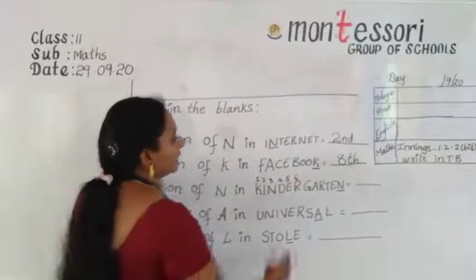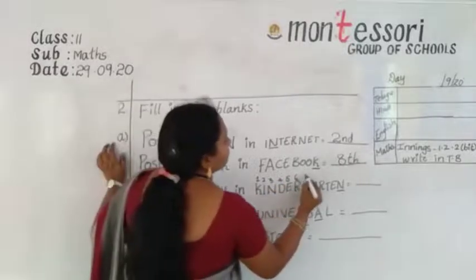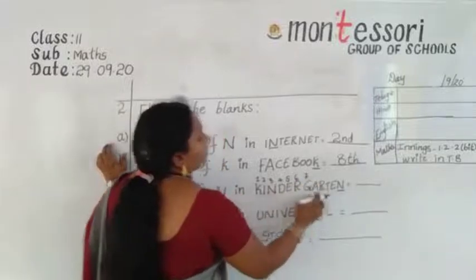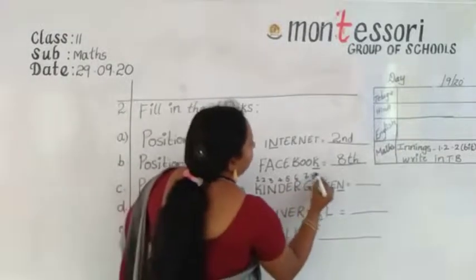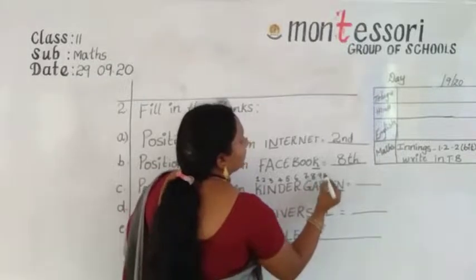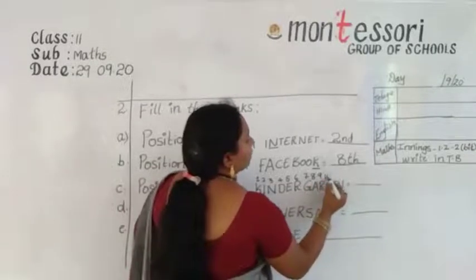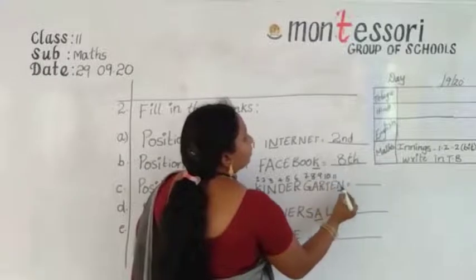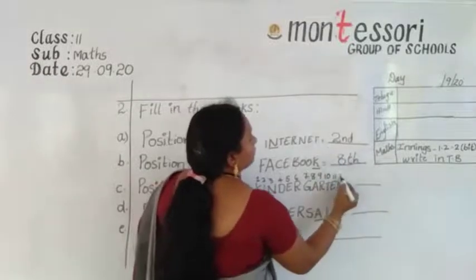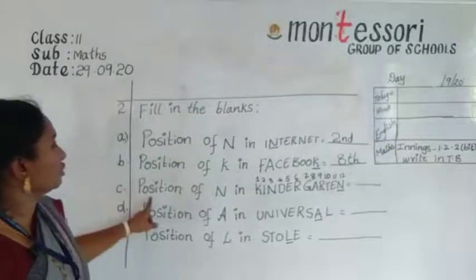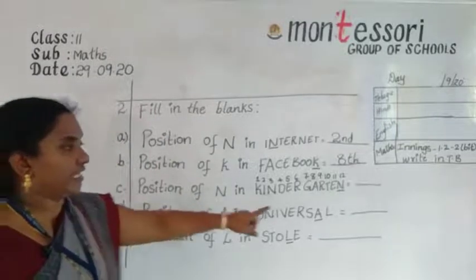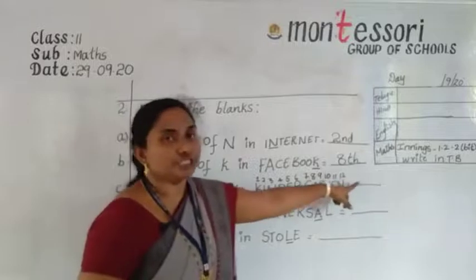In garden, G in seventh position, A in eighth, R in ninth, T in 10th, E 11th, and n in 12th. So the position of n in kindergarten is 12th.